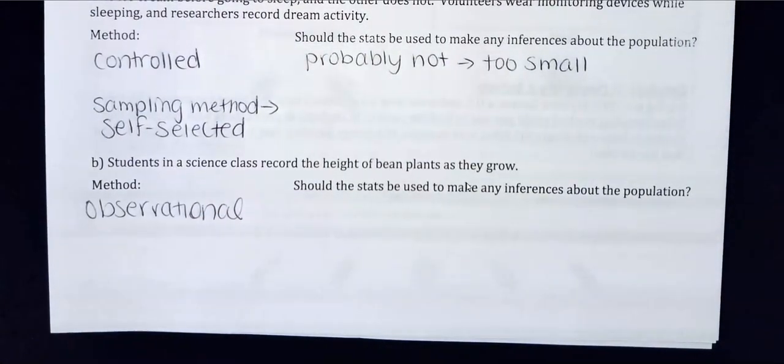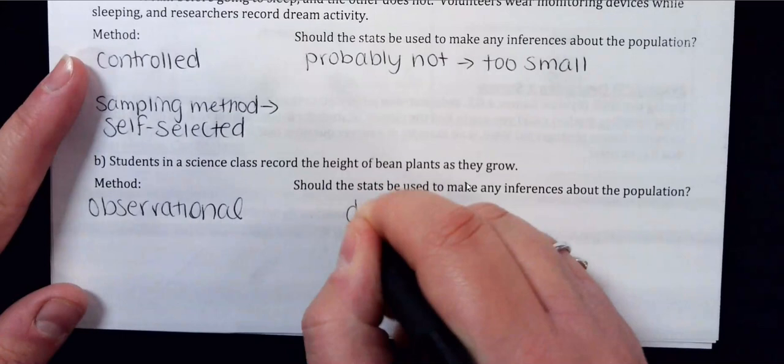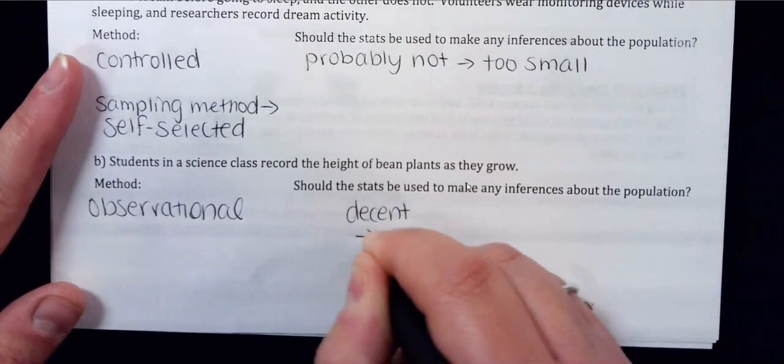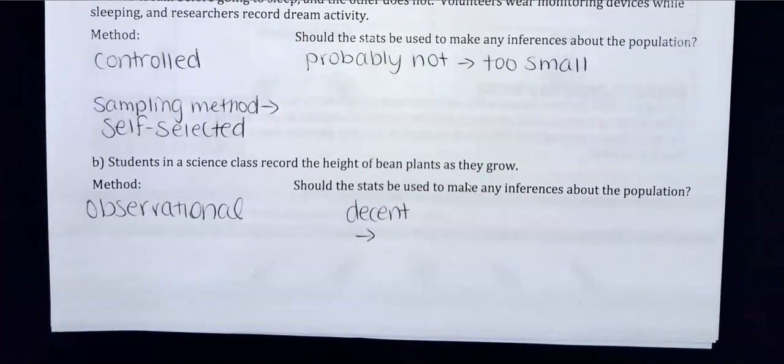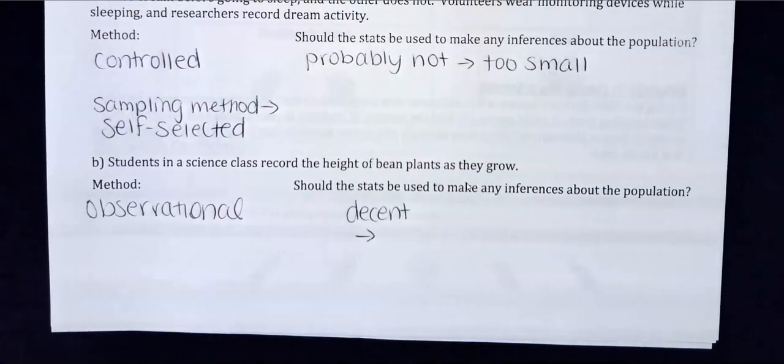Okay. Now, would these be decent statistics to make a conclusion about how bean plants grow? Yeah, I think this would be decent. Now, what I might add to that, so maybe if I was doing this in a classroom in Indiana, it would be different than if I was doing this in a classroom in like Arizona.